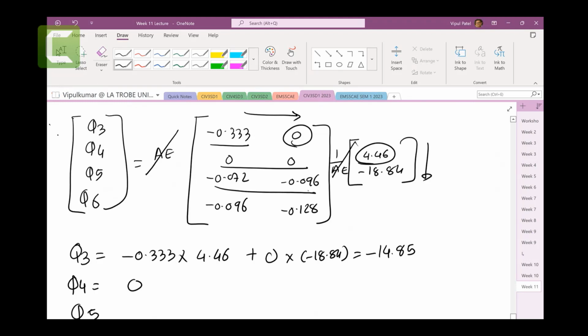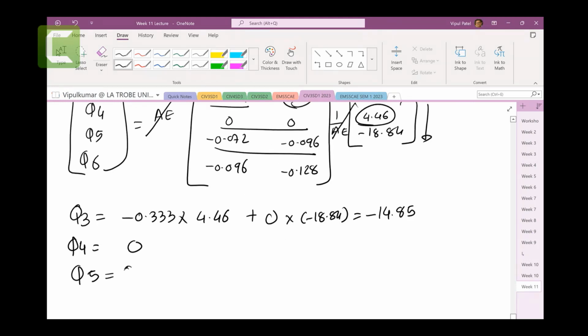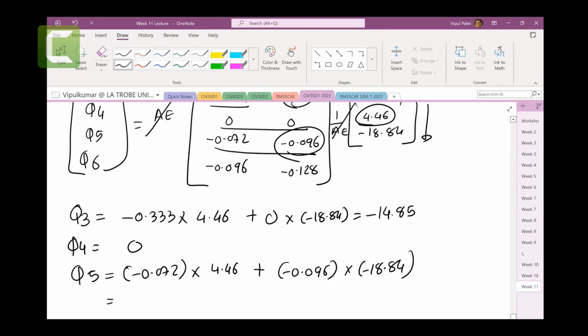Q5, these numbers: minus 0.072 times 4.46 plus minus 0.096 times minus 18.84, and that is kilonewtons.